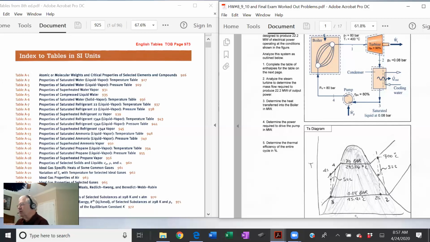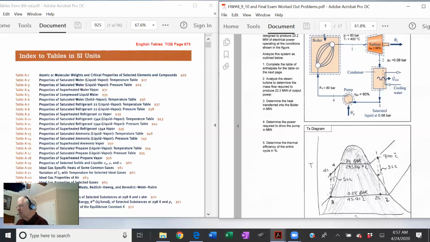Sorry. So now we go through the pump. We have to pump this liquid water up from a pressure of 0.08 bar up to 80 bar. And the ideal pumping process, just like a compression process, is isentropic, reversible, adiabatic. So we have this straight line up from the 0.08 pressure line straight up to 80 bar.